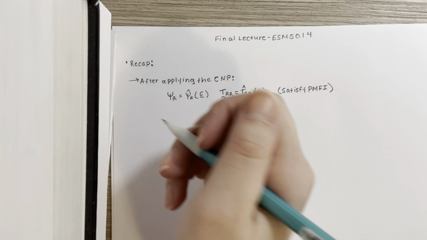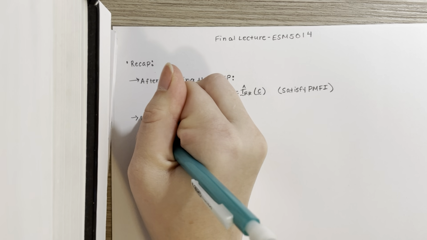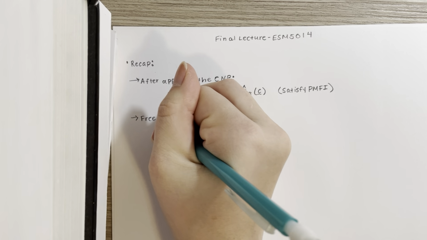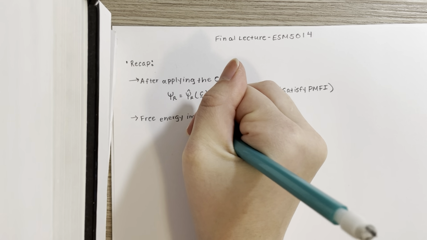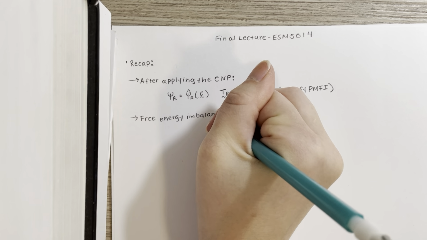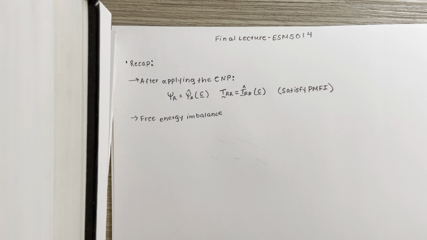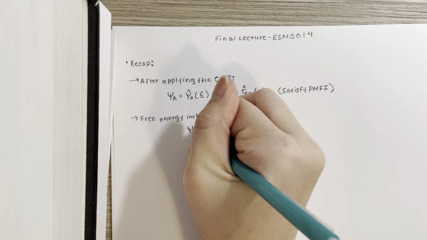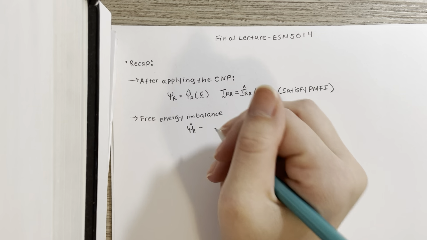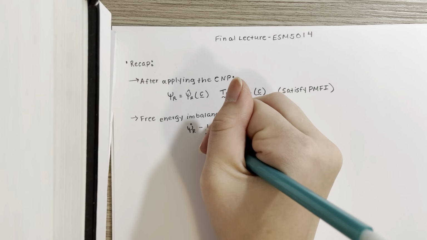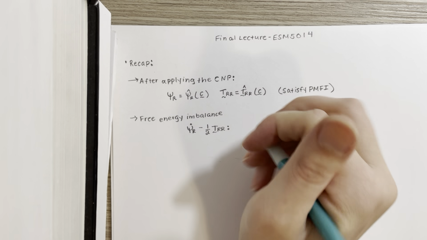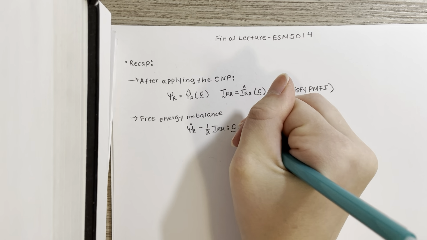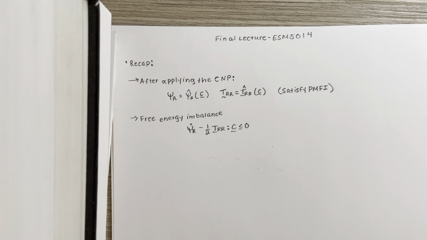Next we have our free energy imbalance. We have that phi r dot minus 1/2 T RR double dotted with C is less than or equal to 0.